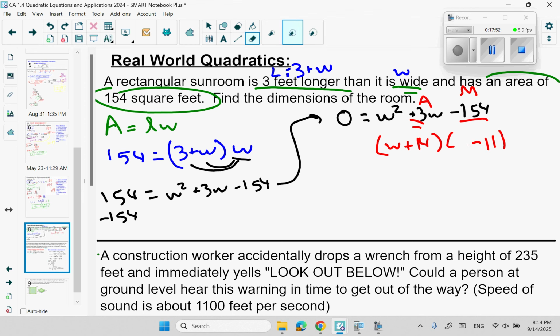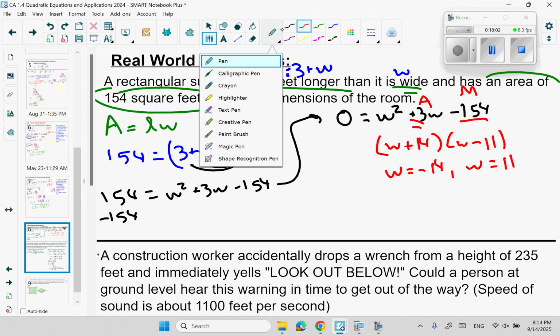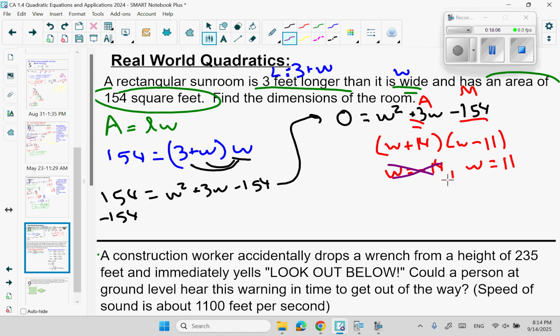Not X minus 11, W minus 11. Set them both equal to 0. We get W equals negative 14 and W equals 11. Well, conceptually speaking, we're not going to have a negative 14 for our width, so W is going to equal 11. And length equals 3 plus W, so length is going to be 14.